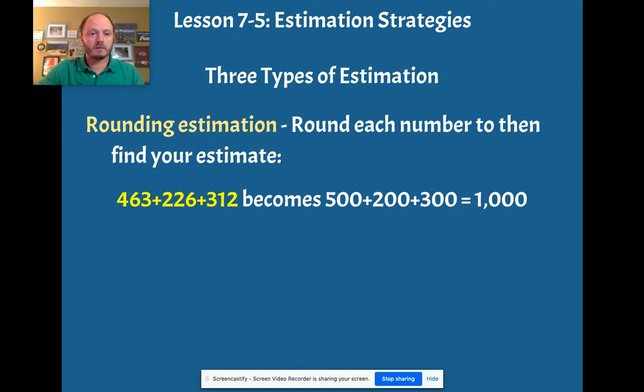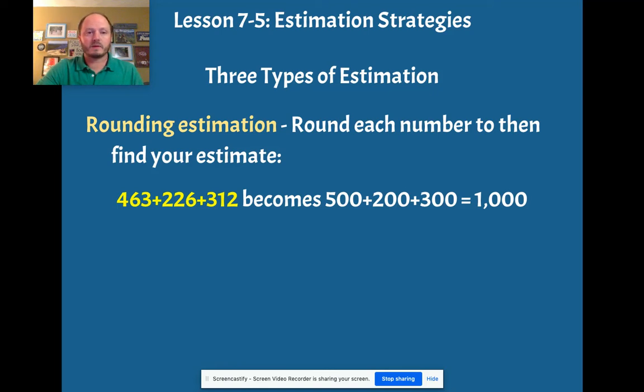And estimating is all about finding an approximate answer, doing something in a quick way so that we can then get a good sense of, all right, is this our answer? Does this make sense? Because sometimes we don't need to get an exact answer immediately. Sometimes we can find the approximate answer, and that's going to be sufficient for our math thinking.